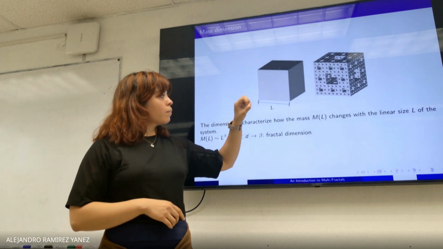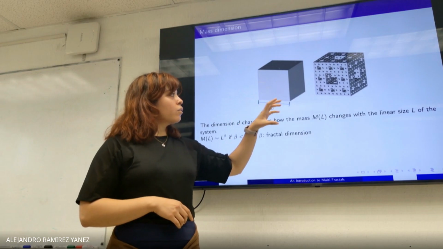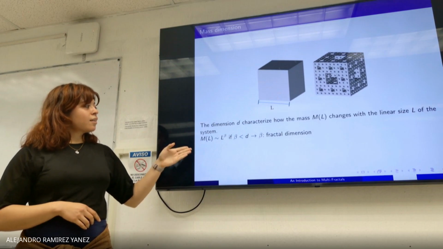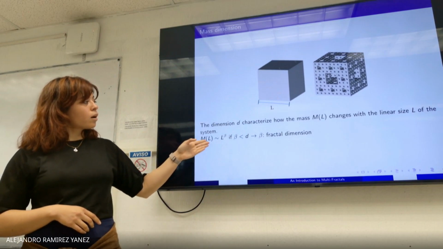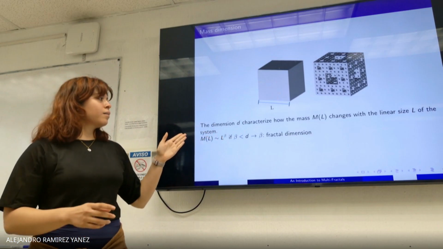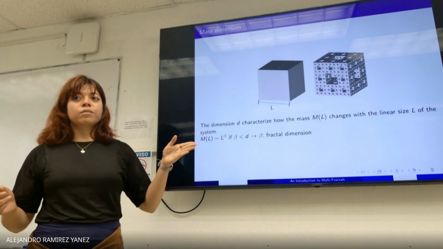But if you remove mass, if you have a fractal, then you can say that its mass goes as a power law, but with a fractal dimension beta. Beta is a non-integer number.